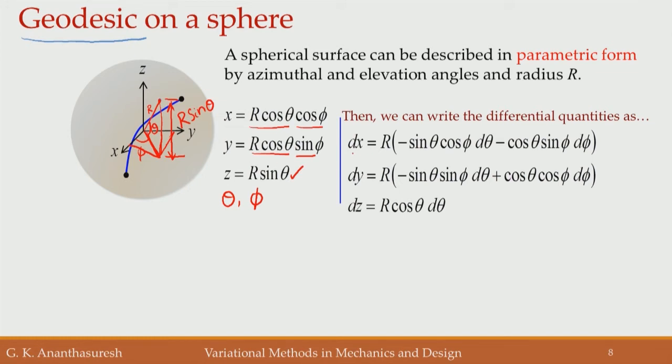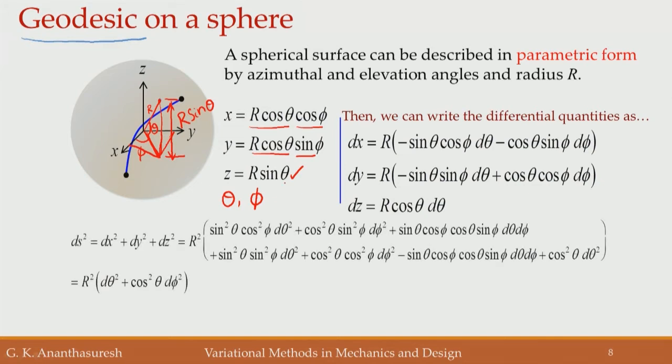So, dx, where theta and phi are variables, we differentiate with respect to them and get these 2 terms, and for dy we get these 2 terms, and z equal to r sin theta simply becomes r cosine theta d theta, because the z coordinate depends only on theta, whereas x and y depend on theta and phi. Now, if I take any small segment on that curve, and call it ds, then ds square is given by the sum of all these, Pythagoras theorem applied twice.